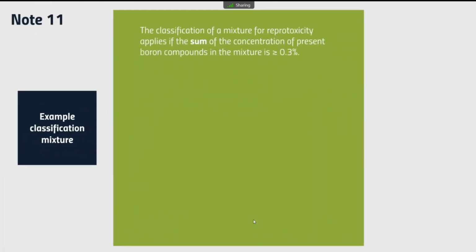Note 11 says something about the classification of a mixture for reprotoxicity: we have to look at the boron compounds that have this note 11, and if the sum of these boron compounds is equal to or higher than 0.23%, then the mixture will be classified for reprotoxicity.